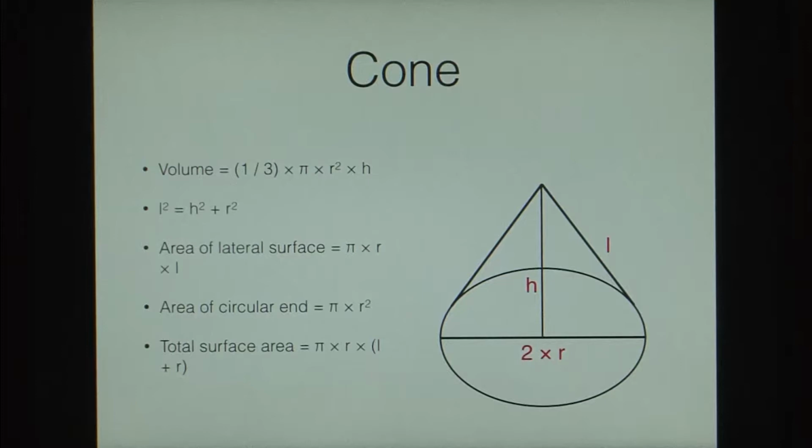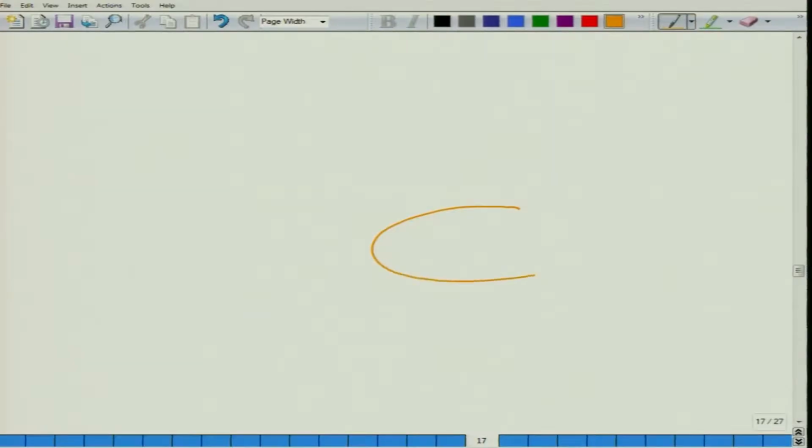The next solid figure is a cone. A cone consists of a circle, and all the points are made to taper to a single point. So, it has a circular base which has a center O and a radius r, and it has a height that is given by h.